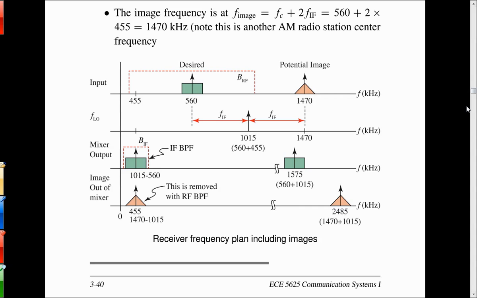If we look down below here, you can see that by putting the filter that I've got sketched out over here over the desired signal or signal of interest, as long as it can roll off significantly, it will keep the image from getting in the front end of the receiver. But the problem with that filter is it needs to be tunable if it's a tunable receiver, so that's an added complication.